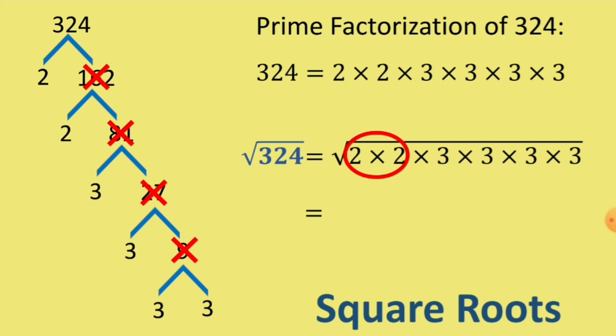Here, we have 2 times 2. So, we can take it out of the square root and write 2 in the result. Next, we also have 3 times 3. So, we can also take it out of the square root and write 3 in the result. The same as the 3 times 3 at the end. We can also take it out and write 3 in the result. Now, we multiply them and the result will be 18.